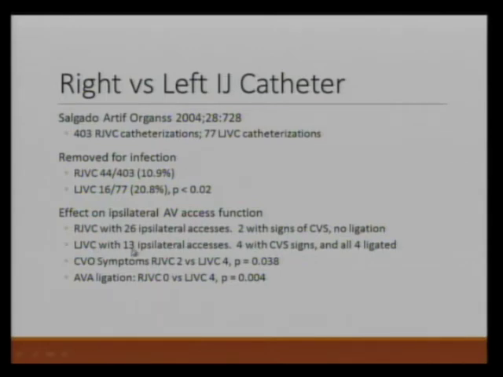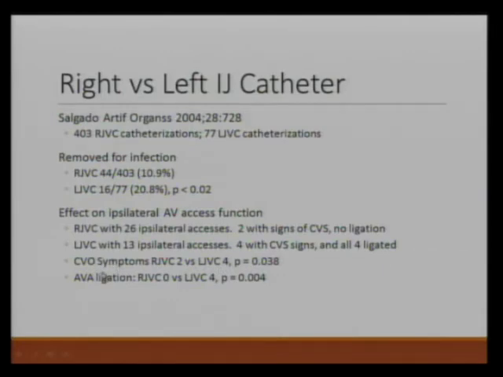Whereas on the left, they studied 13 accesses, and 4 of those had signs of central stenosis, and it was so severe that the access had to be ligated. These were profoundly diabetic people who just had tremendous vascular disease. This was statistically significant.